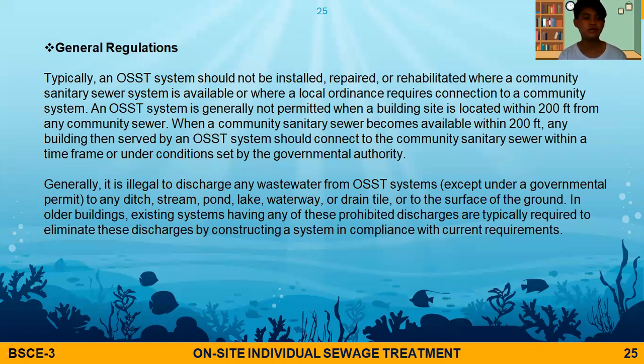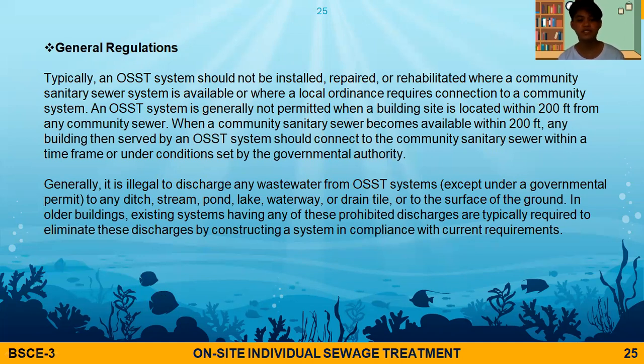Last is the general regulations. Typically, an OSST system, or on-site sewage treatment system, should not be installed, repaired, or rehabilitated when a community sanitary sewer system is available or where a local ordinance requires connection to a community system.